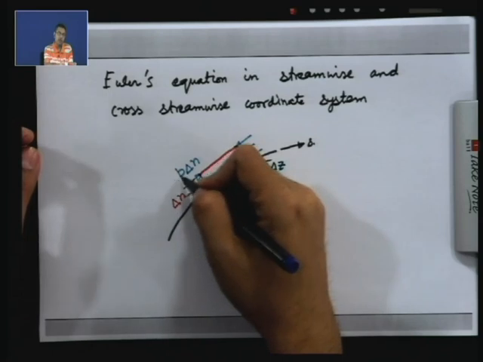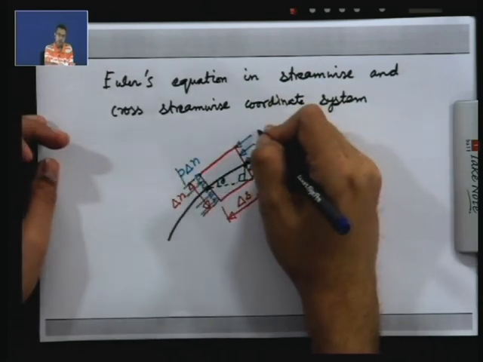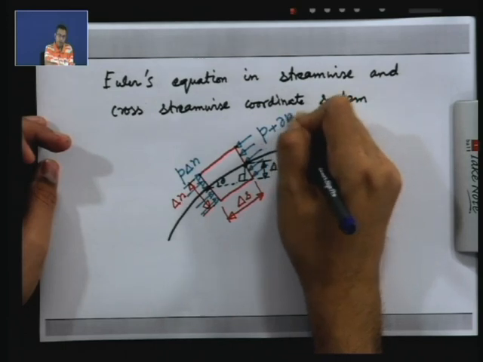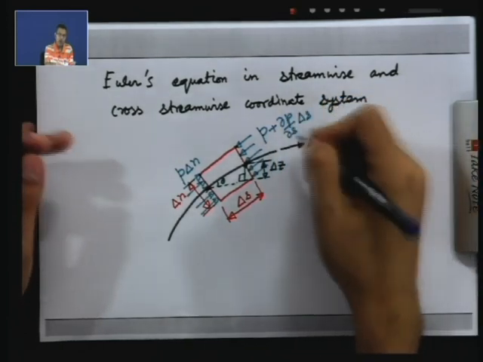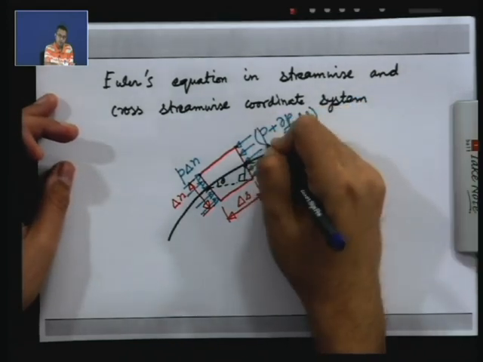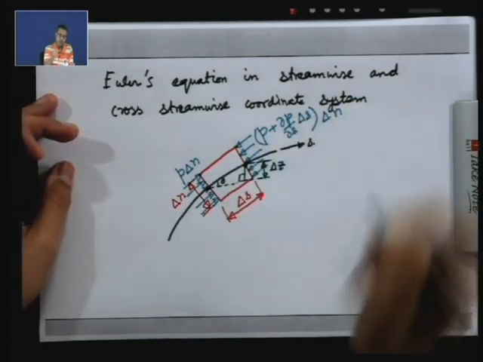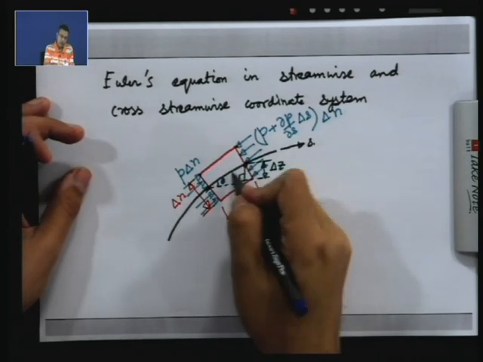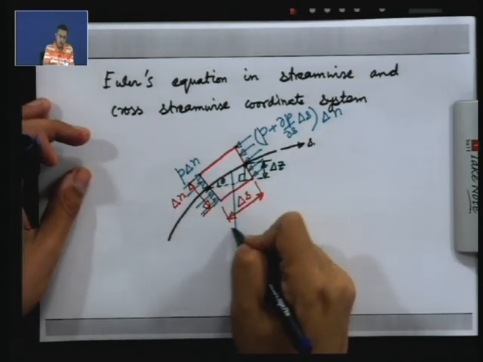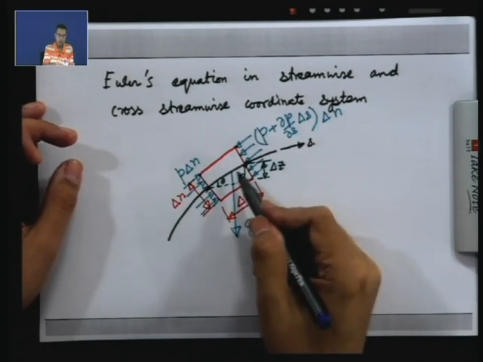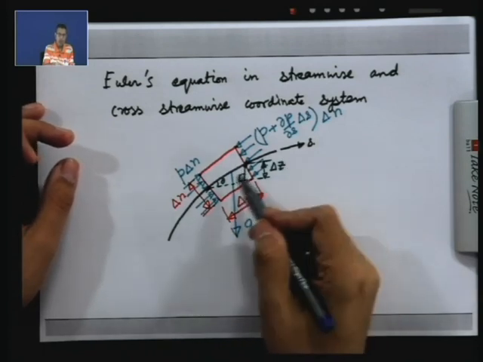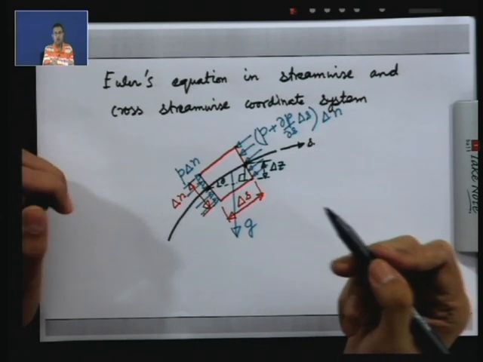So, it is P into delta n. Here in place of P it is P plus del P del S into delta S, higher order terms we are not writing, that times delta n, and you have the body force due to gravity. So, rho g will be vertically downwards, it will have its own component along S.